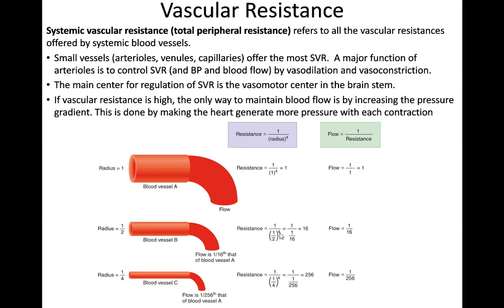So a small change in lumen radius produces a big change overall. And as I said, resistance goes up. What happens to blood flow? Goes down. Blood flow through a small blood vessel like blood vessel C is much less than bigger blood vessels. Hopefully that's pretty common sense, right?